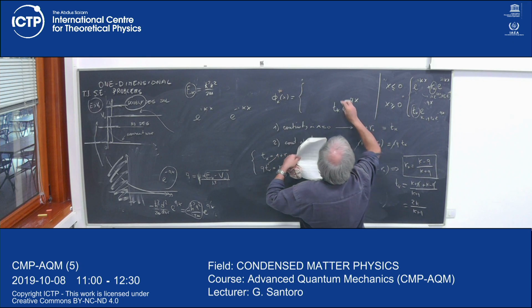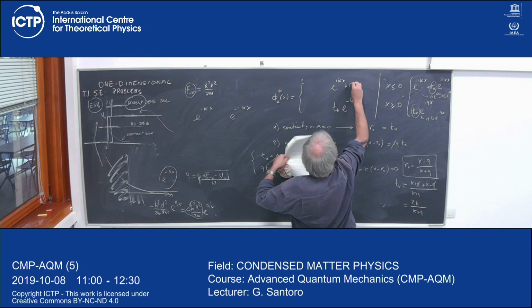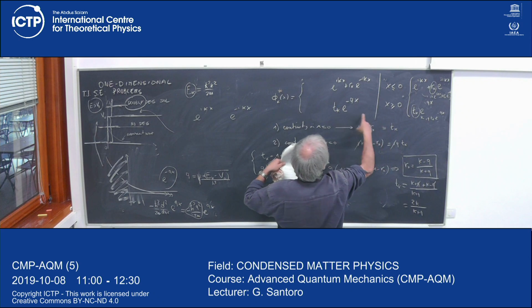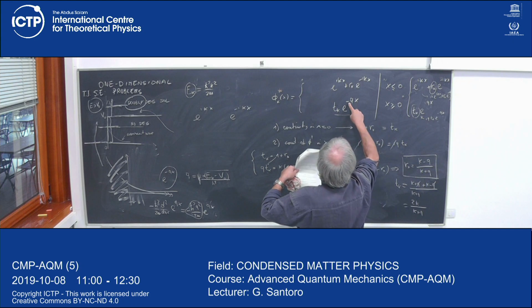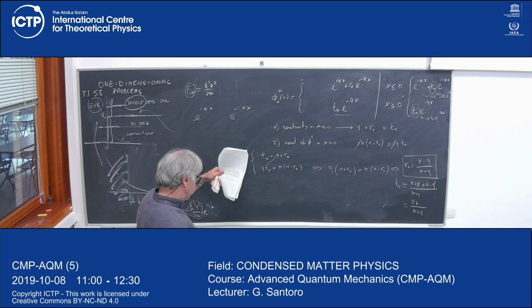Okay, so to the left as before, e to the ikx plus rk e to the minus ikx, but to the right I write it like this, without the i here.